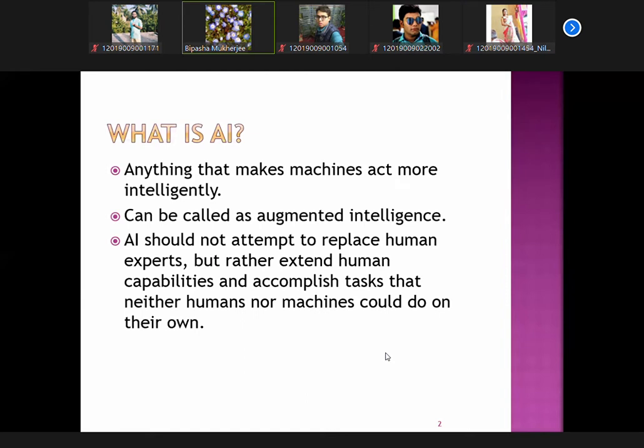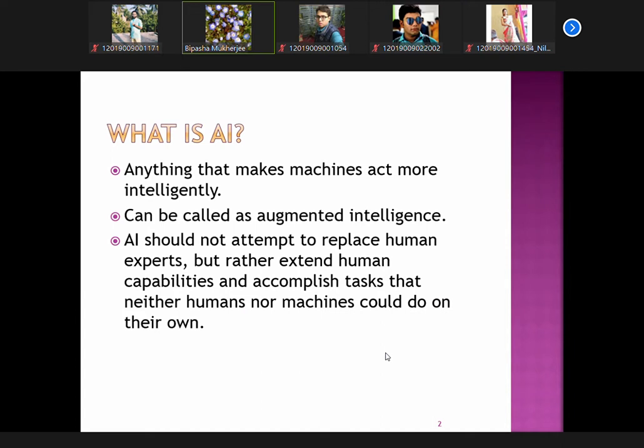Now, how can they do it, or how can a machine be made this kind of intelligent? That is the thing that we study, that we are supposed to study.